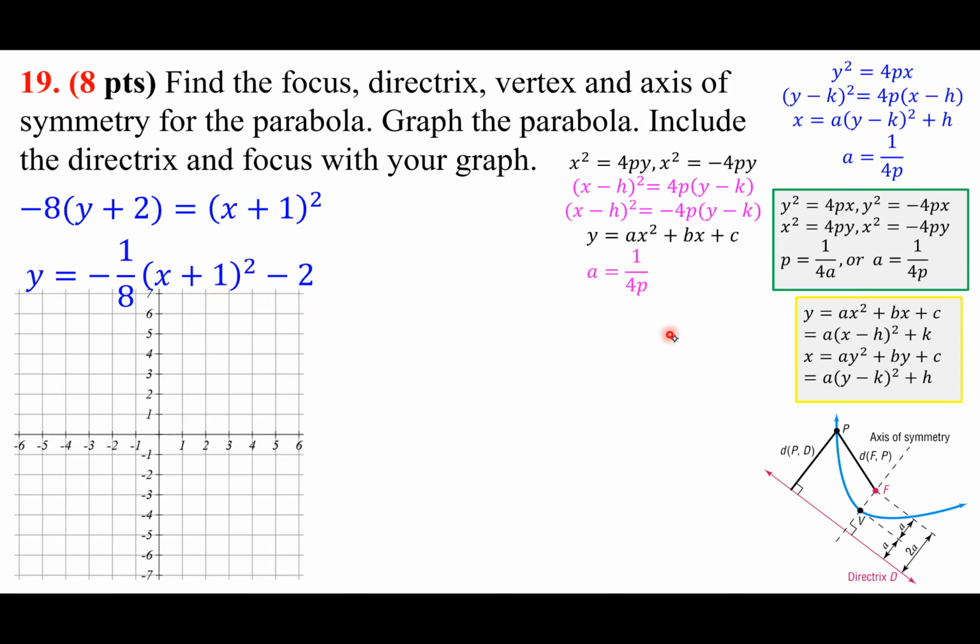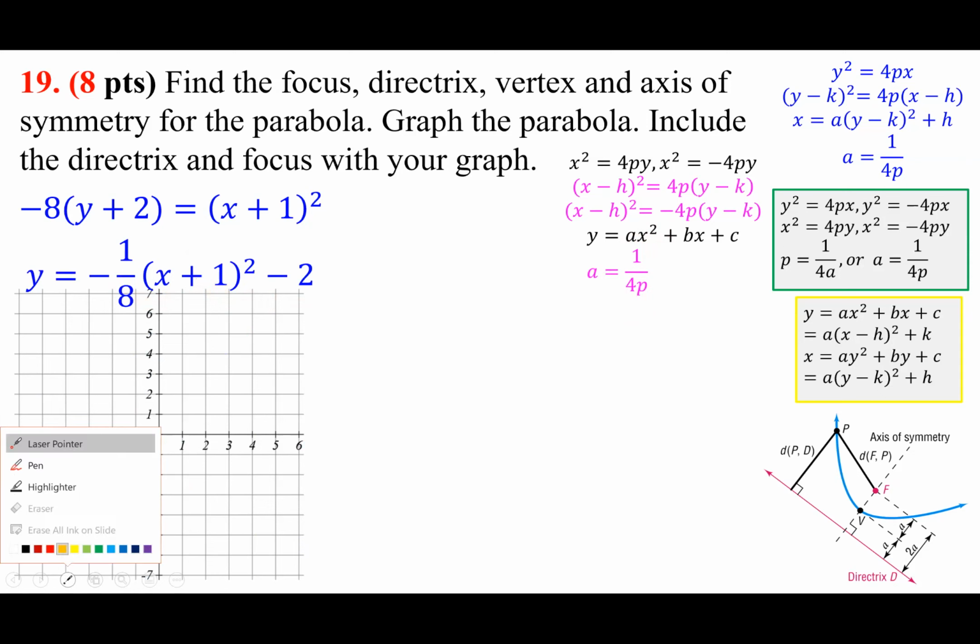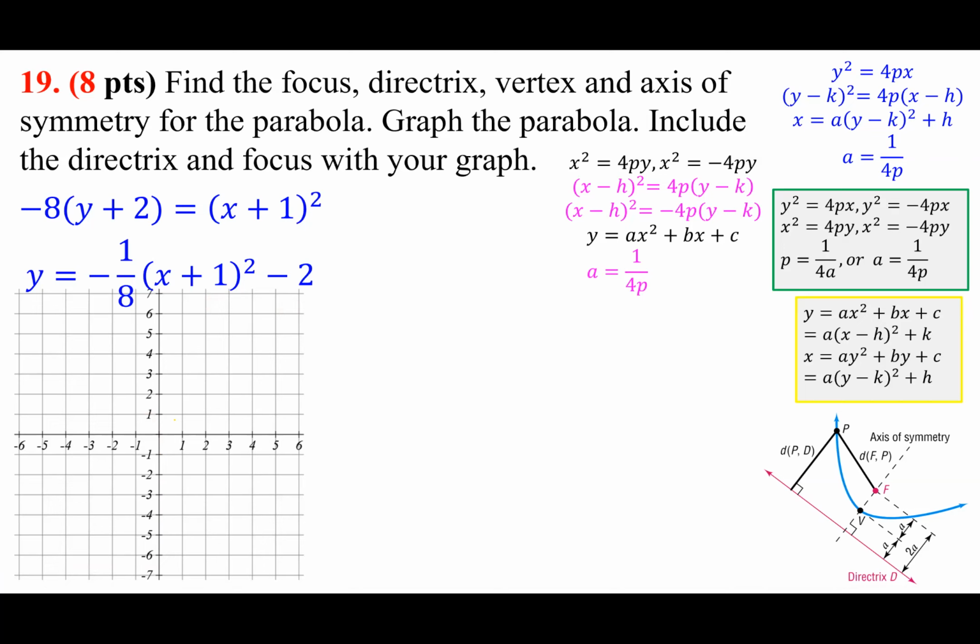Now, if you look at this one, I'm going to erase that just to give you an idea how you come up with everything. So the graph looks something like that. Again, we will look at more details.